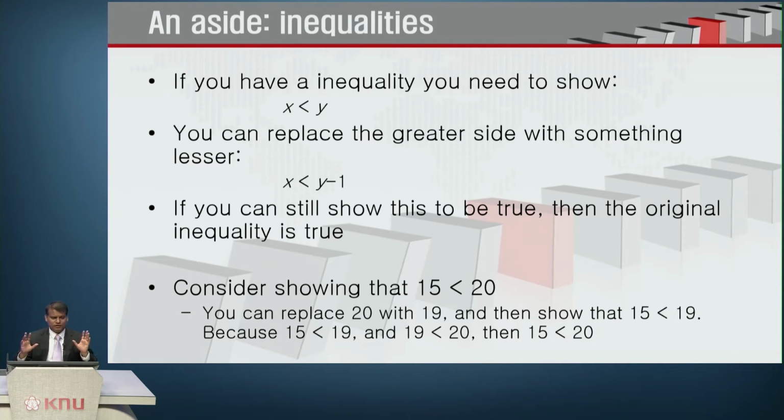And if you think from the proof point of view, you can see how simple operations like 'because' and 'then' are used. In other words, if 15 is less than 19 and 19 is less than 20, then 15 is less than 20.